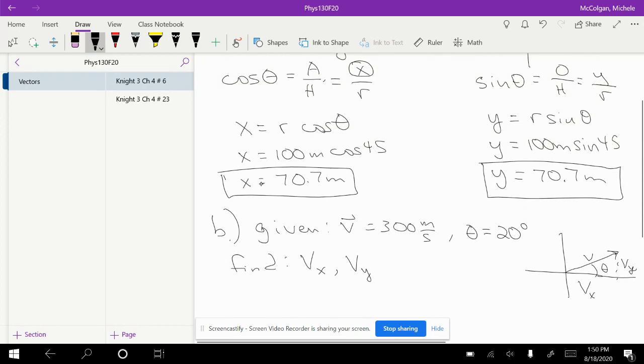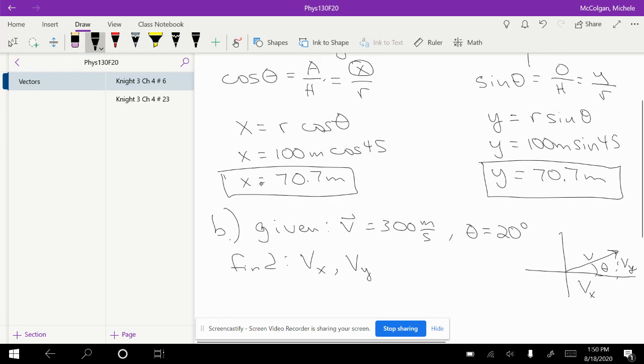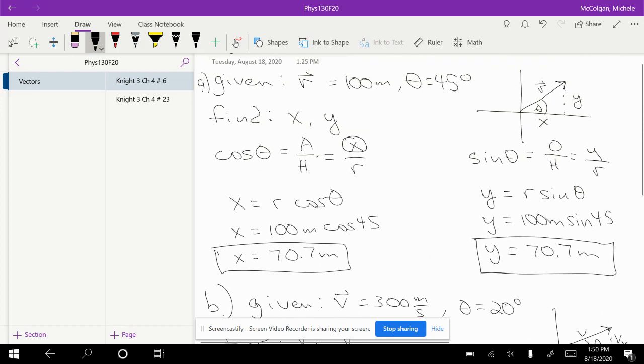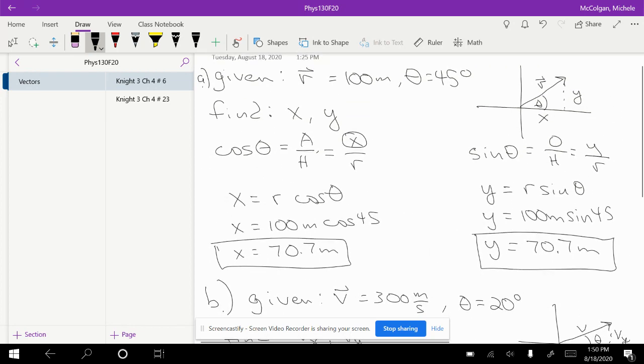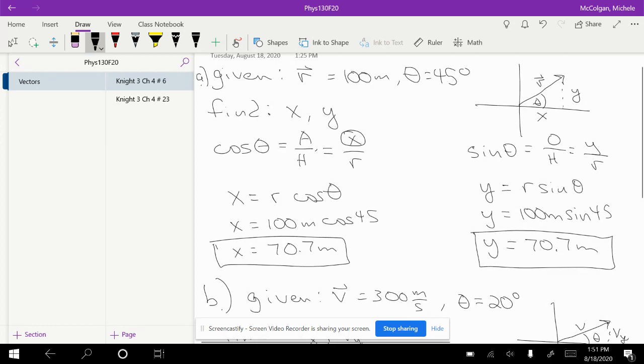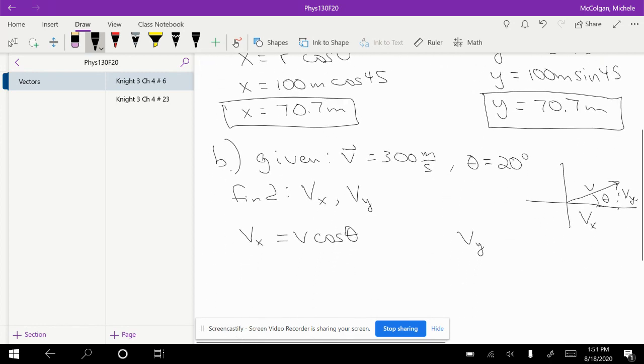So Vx is adjacent, so I'm going to use V cosine theta. And for Vy, just like over here, sine theta is equal to y over r, I'm going to do sine theta is equal to Vy over V. So then Vy is going to be V sine theta.